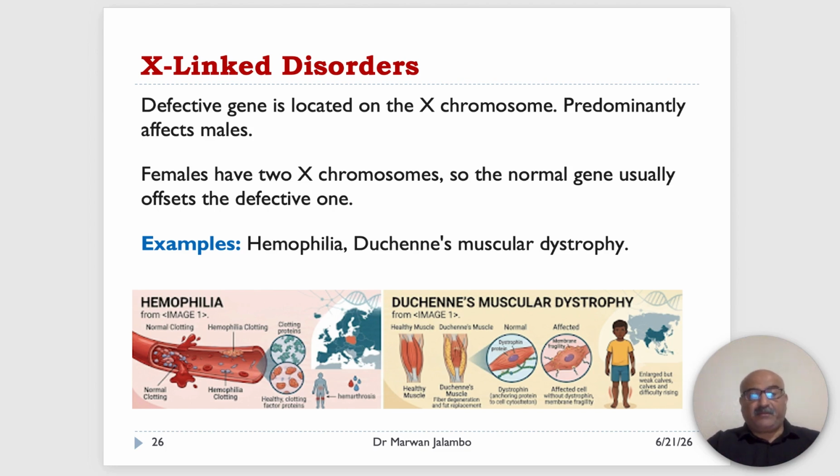Males, however, only have one X chromosome, XY. If a male inherits a defective X chromosome from his mother, he has no backup and he will manifest the disease. Classic examples include hemophilia and Duchenne muscular dystrophy.